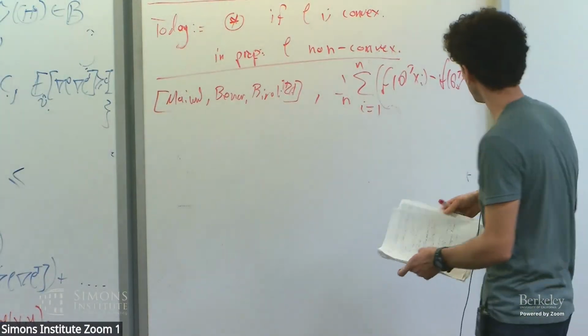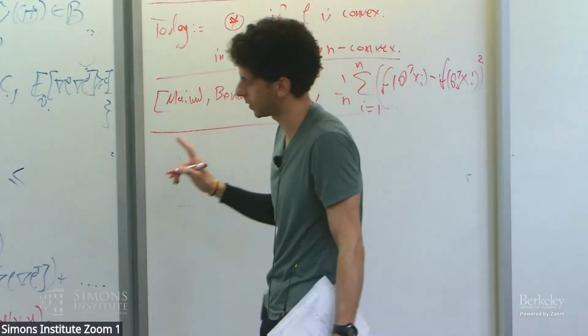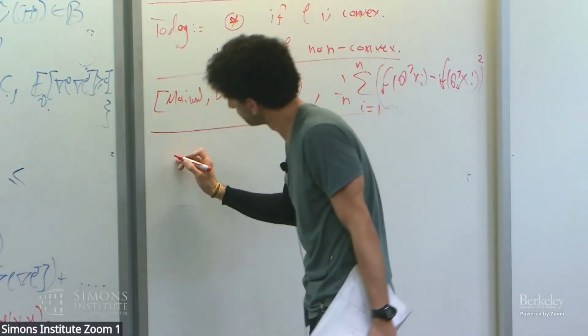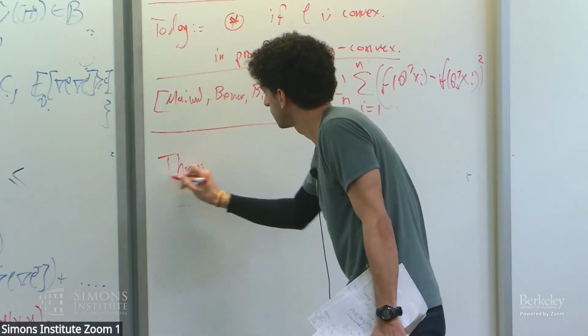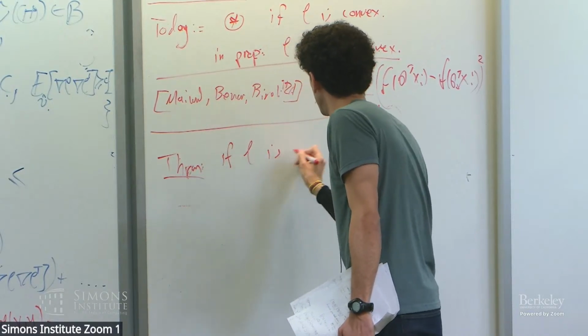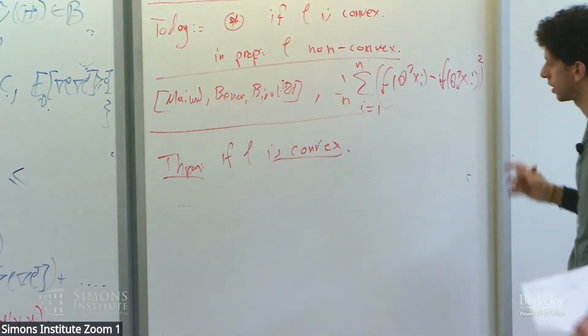First, I'm going to write down this theorem abstractly, and I'm not going to write down what the set S star is. If L is convex, once again, I don't need lambda to be bigger than 0. I can take lambda to be equal to 0.